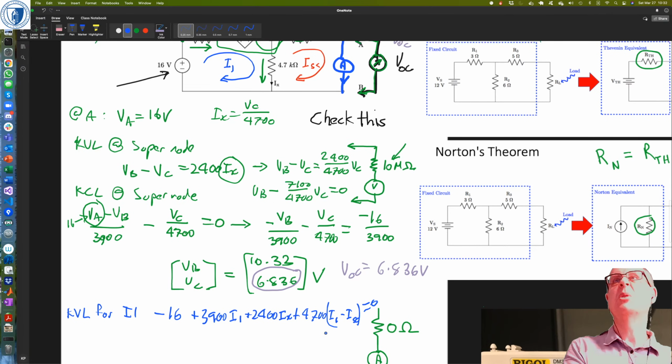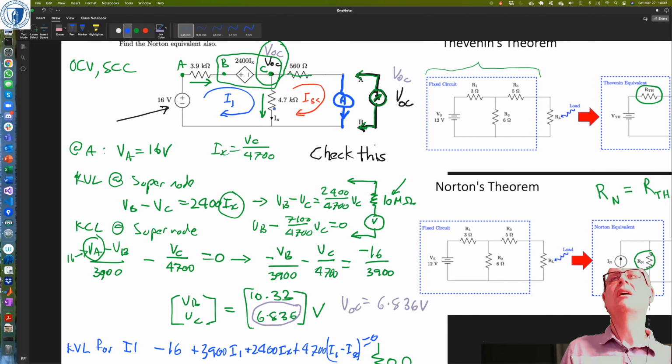Now let's just have a quick look at IX. IX is equal to I1, because I1's going in the same direction, minus ISC. Okay?